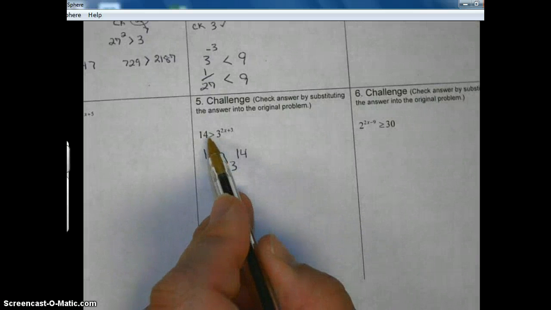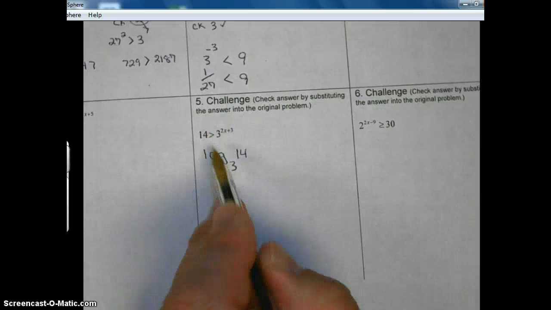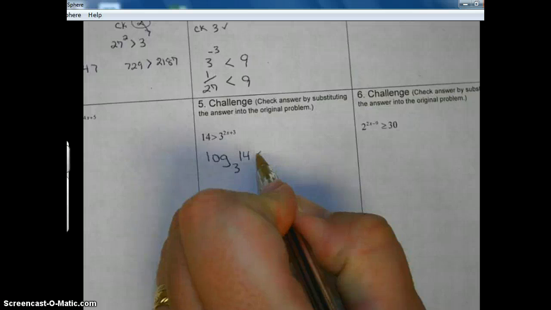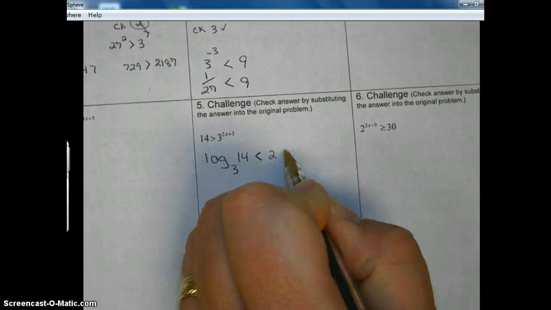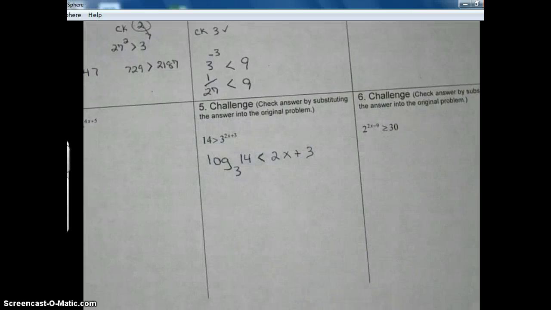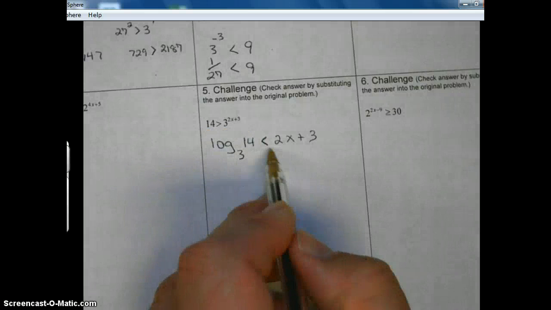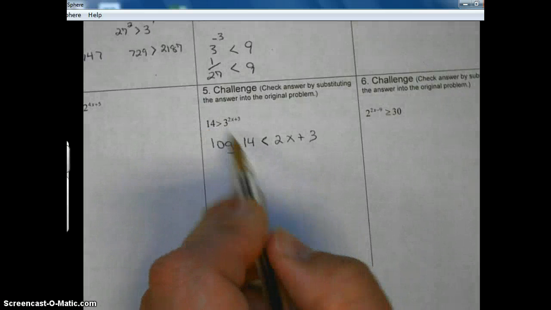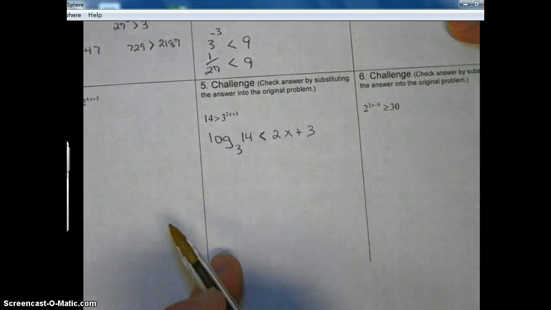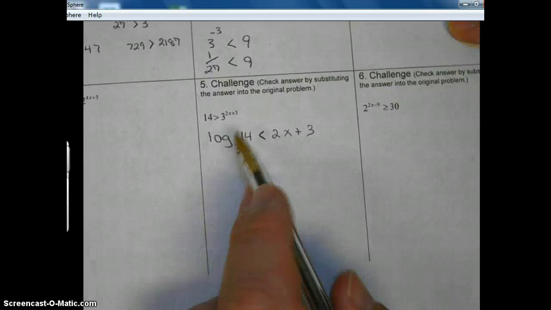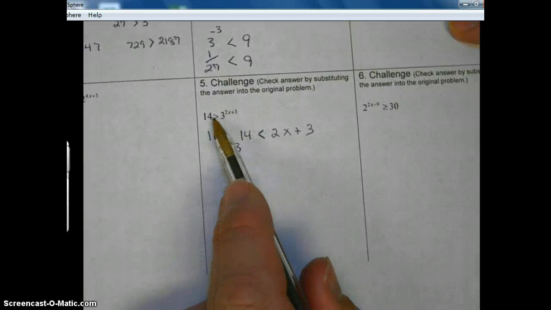But our symbol here, when we do go around in a circle like this, our symbol is going to change directions. It's less than 2x plus 3. Okay, so our symbol changes directions when we change forms. And I believe the reason for that is since exponential and logarithmic are inverses, we have to change the symbol.